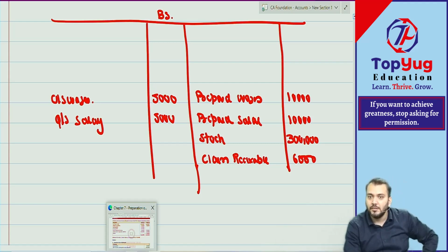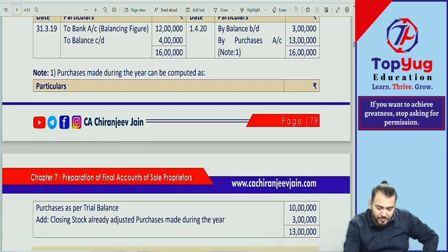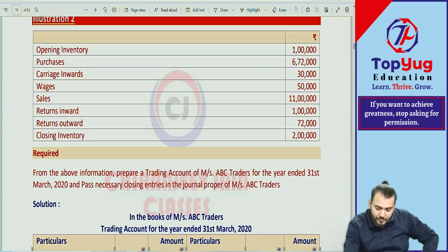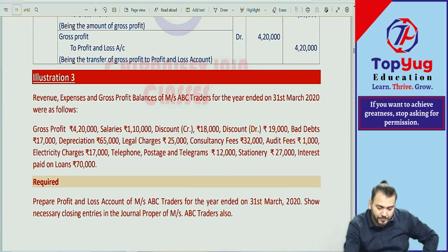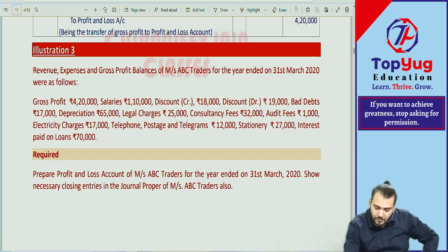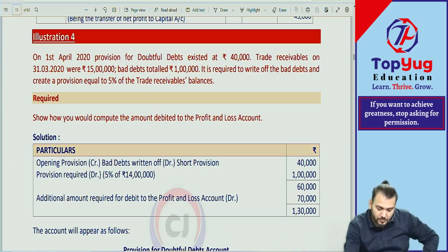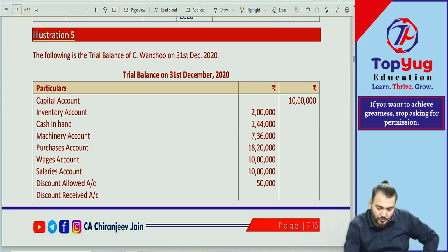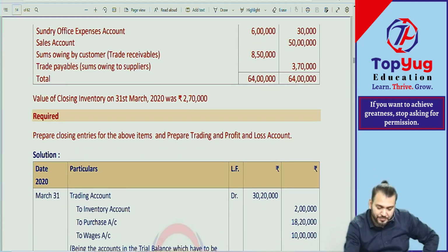Illustration number 1 we have done. 2 homework. 3 homework. 4 homework. 5 homework.